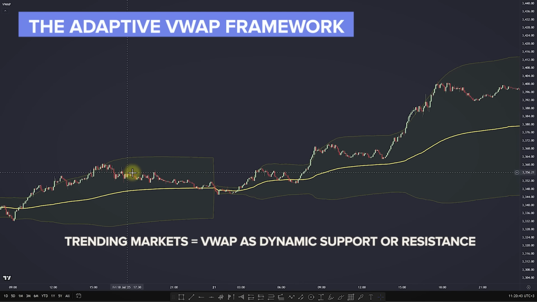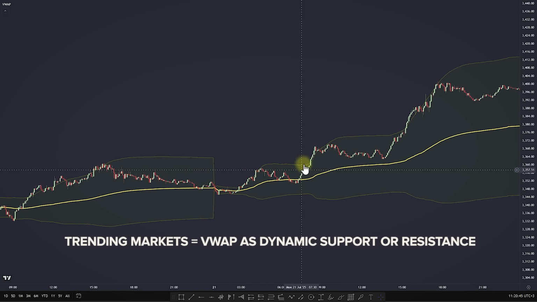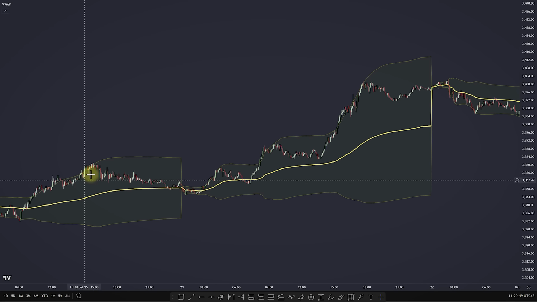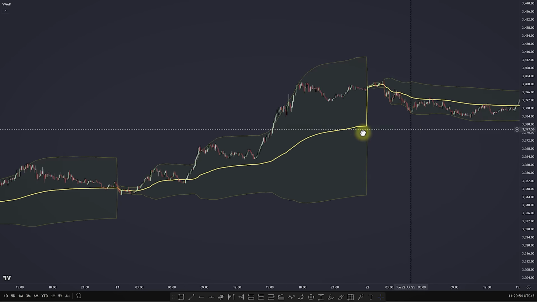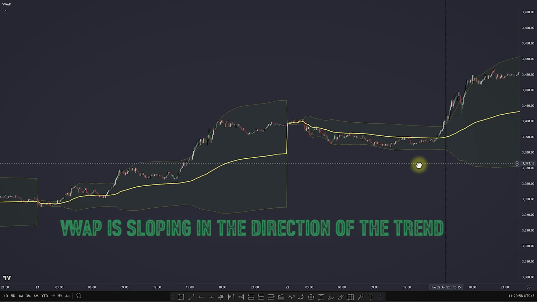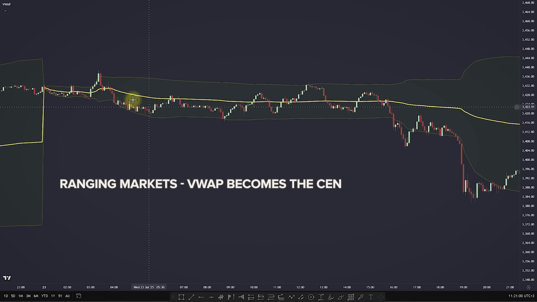In trending markets, VWAP becomes dynamic support or resistance. In an uptrend, price will pull back to VWAP, find support, and continue higher. The key is that VWAP itself is sloping in the direction of the trend. But in ranging markets, VWAP becomes the center of gravity. Price oscillates around it like a pendulum.